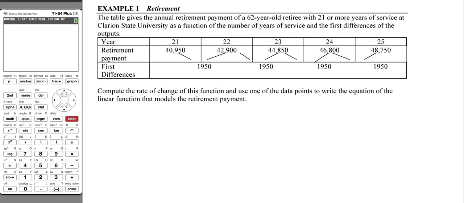You can see the number of years of service at top and our retirement payment given those number of years of service. When we take the difference, we get $1,950 each time. So we should be able to find a model that computes this exactly.